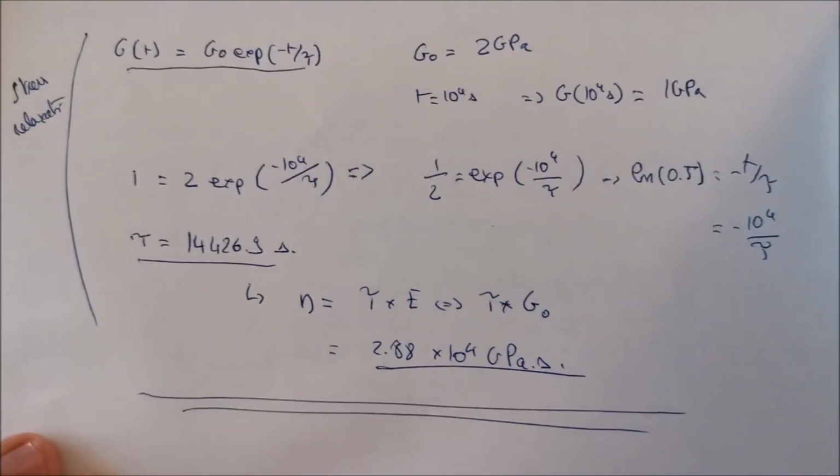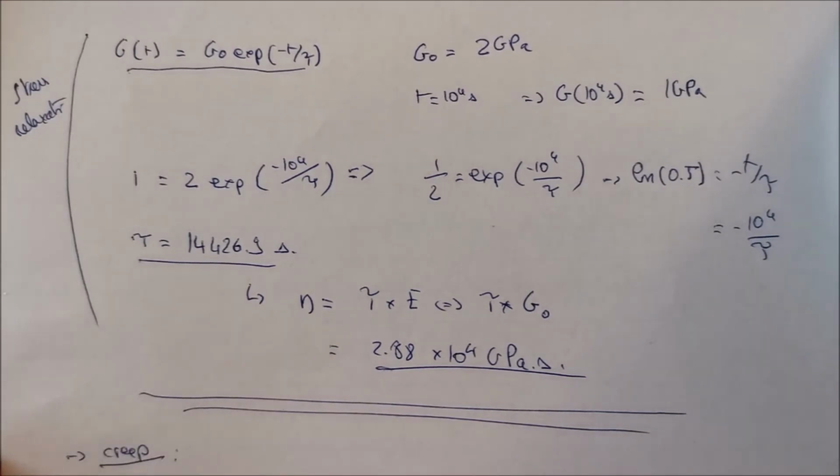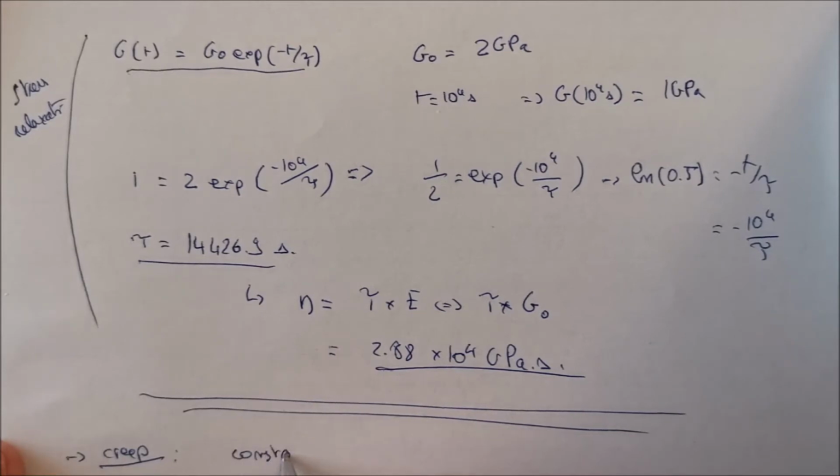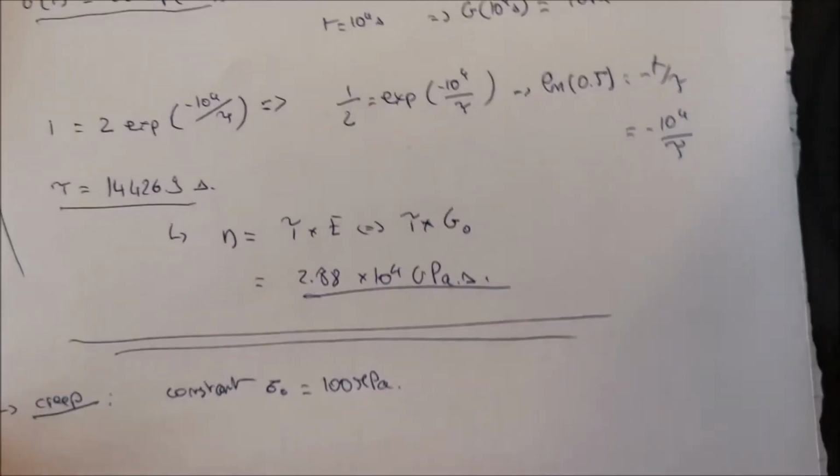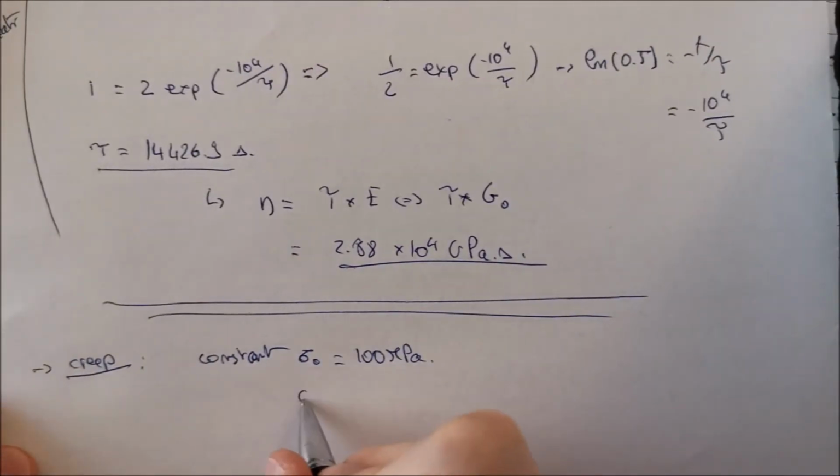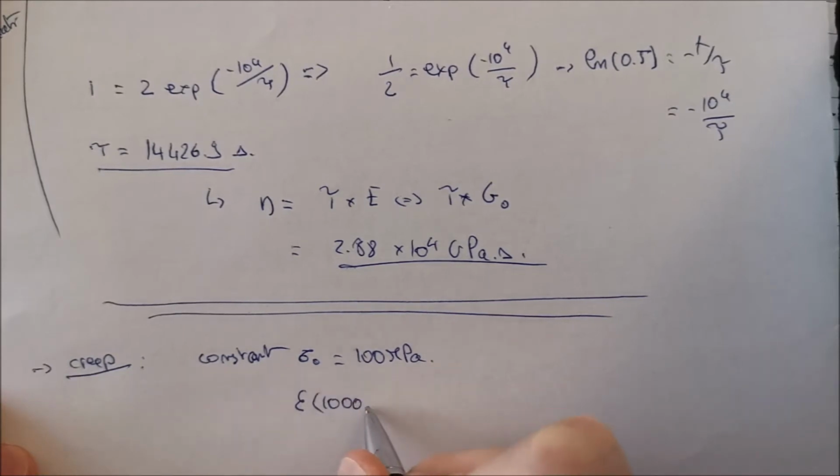All right, so stress relaxation. Now we are going to work in creep. So since we work in creep, it means that we have a constant stress, sigma 0, in this case of 100 megapascal. And we want to know the strain, epsilon at 1000 seconds.